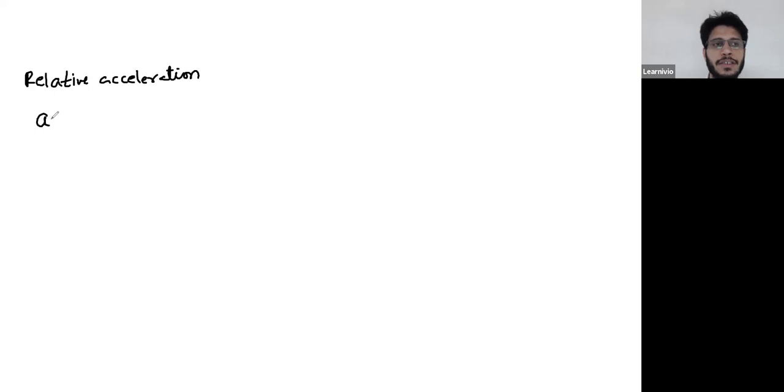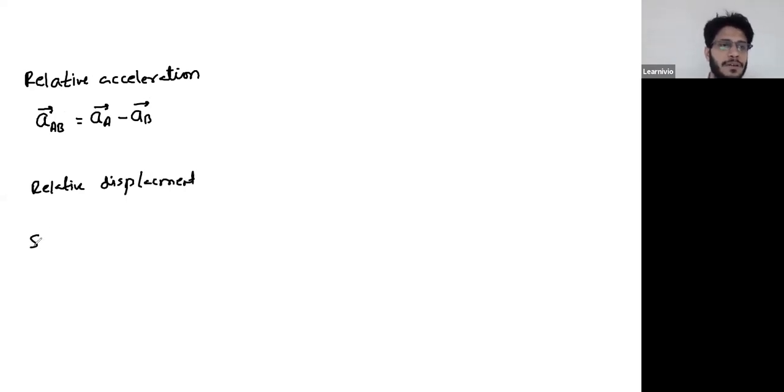So relative acceleration of A with respect to B is simply acceleration of A minus acceleration of B. That's relative acceleration. And you can have even relative displacement. If velocity is relative, then everything is relative. Relative displacement, displacement of A with respect to B.